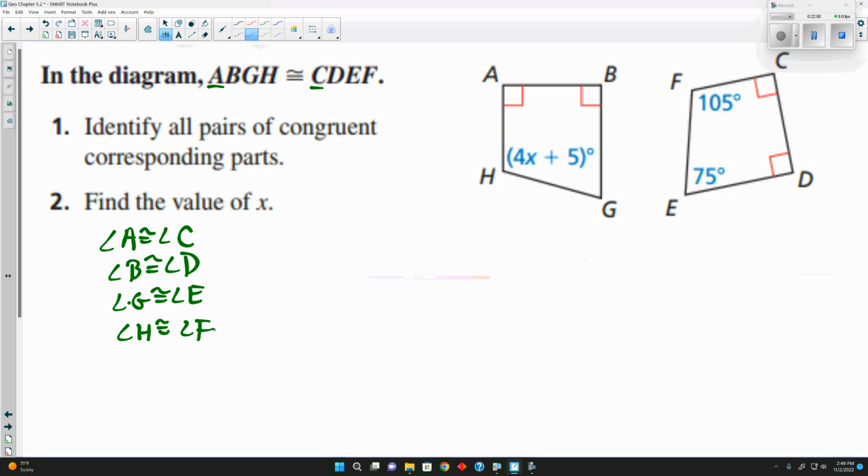Because the figure goes A to B to G to H, and then we go back to A, yes? So the first two letters, from A, B are the first two, yes? Is congruent. What are our first two here?